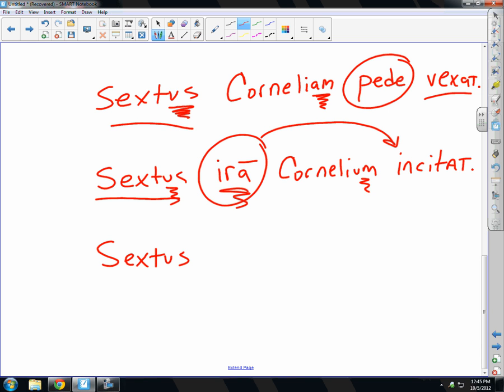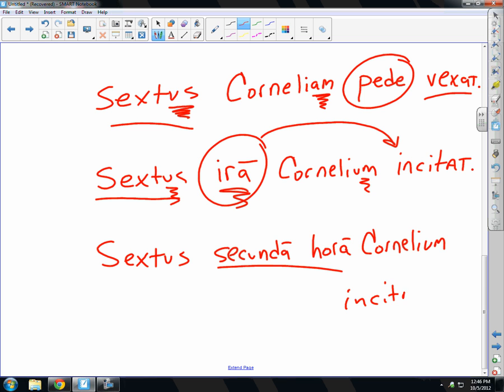if I say Sextus wakes Cornelius up at the second hour, this tells me when, so it's an ablative of time. Who is he waking up? Again, Cornelius. Answering the question who makes it a direct object, so I make it accusative, and then I finish with my verb.